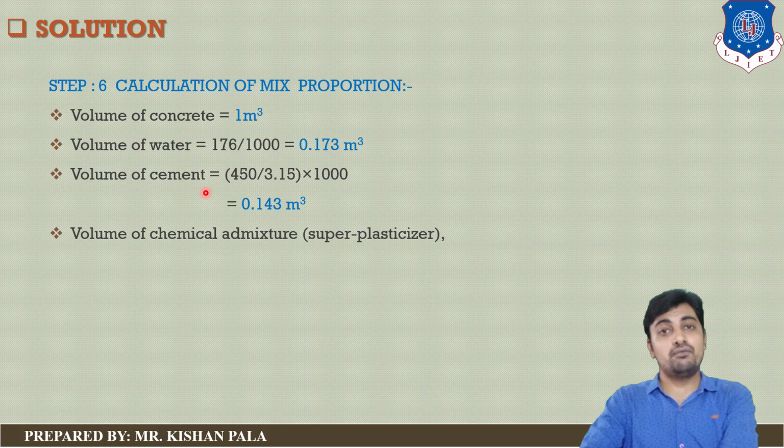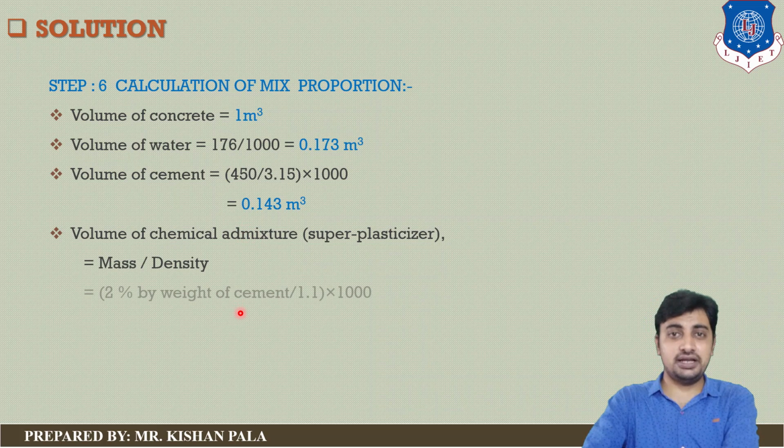Then we also have to find the chemical admixtures, and we have used superplasticizer for water reducing. I am assuming I am using 2% by the weight of the cement mass.